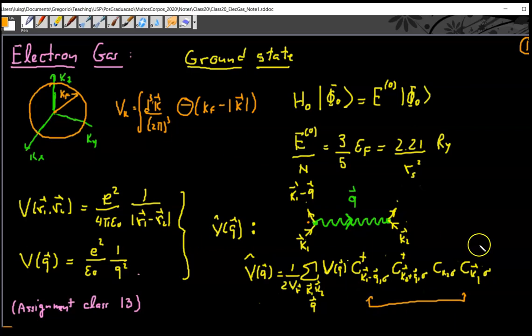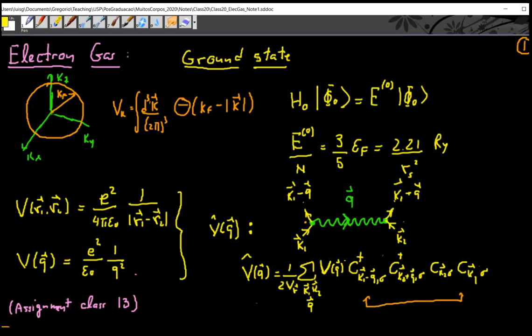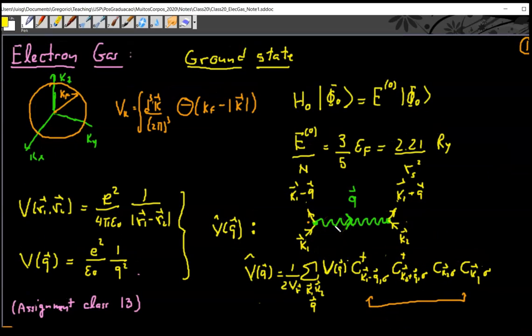So this would be K1, K1 minus Q, while with this one I destroy at K2, right there, and create an electron with K2 plus Q. Right? This is the vertex, okay, for the electron-electron interaction.